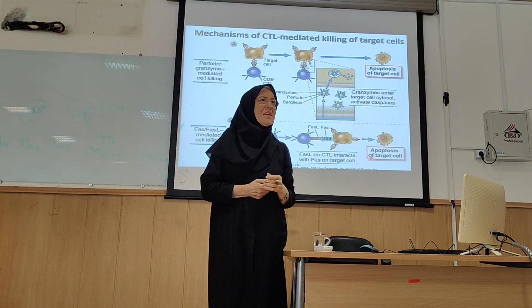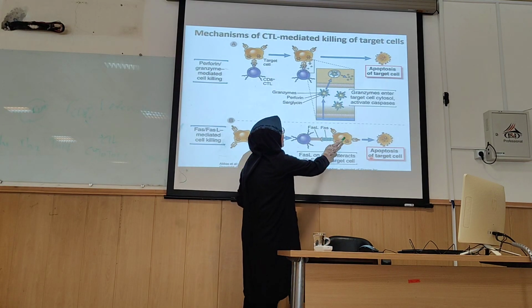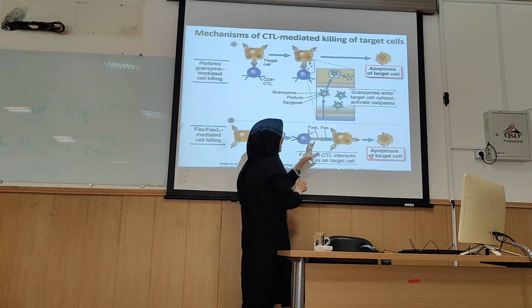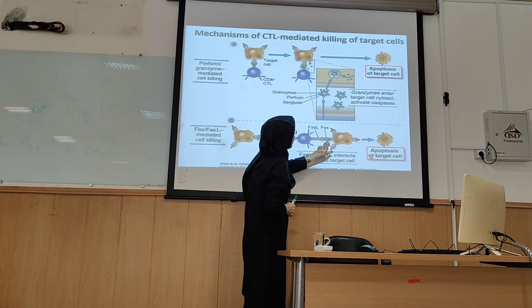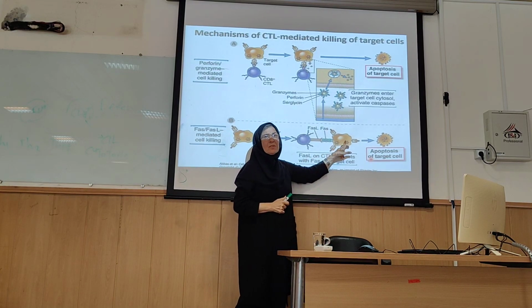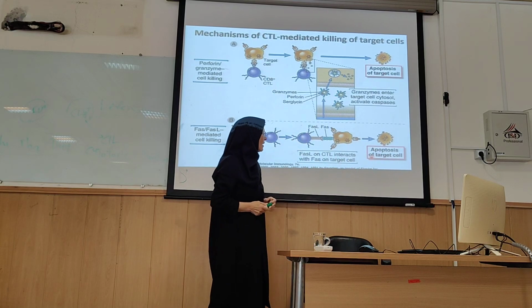Tumor cells and the virus infected cells. Yes. And these target cells can produce Fas on their surfaces, and binding of Fas ligand and Fas induces the apoptosis again in the target cells and kills the target cell.